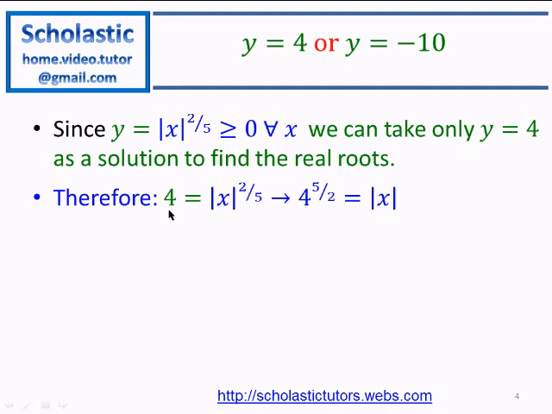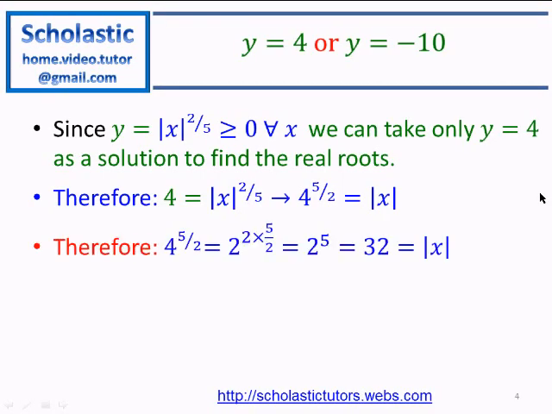That means 4 to the power 5 by 2. This power can be inverted and brought to the other side. That means 4 to the power 5/2 equal to |x|. Now we can substitute for 4 here: 4 is equal to 2 squared, so 2 to the power 2 times 5/2.